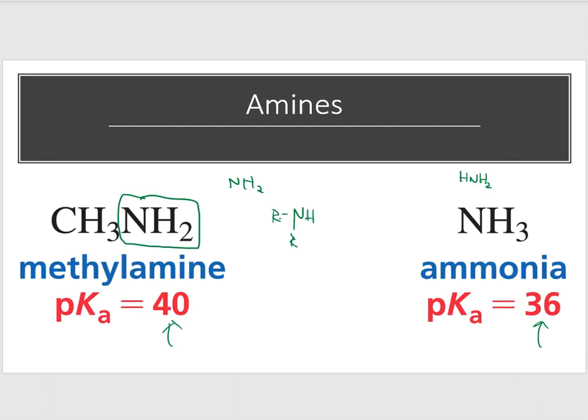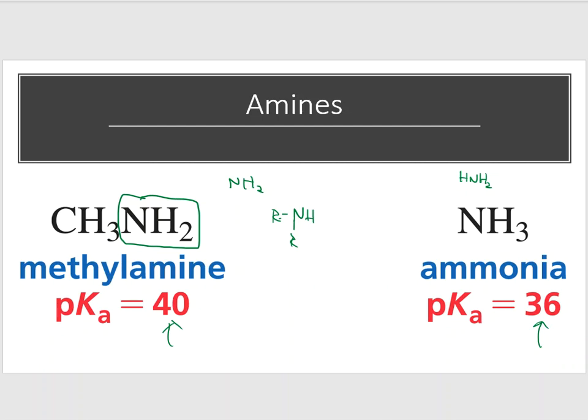What that means is that amines can be acidic, but you've got to get a pH greater than 40 in order for these things to be acidic, and that is very difficult to do. They can spit off a proton if given the right circumstance, but under normal situations it's going to be very difficult.